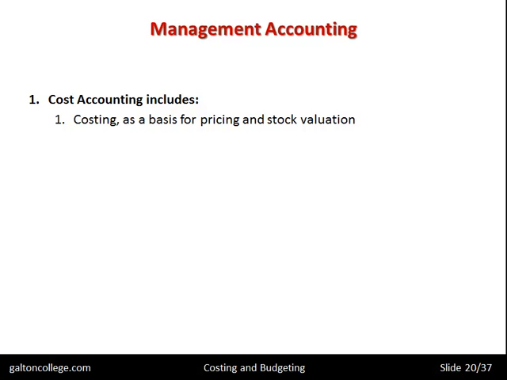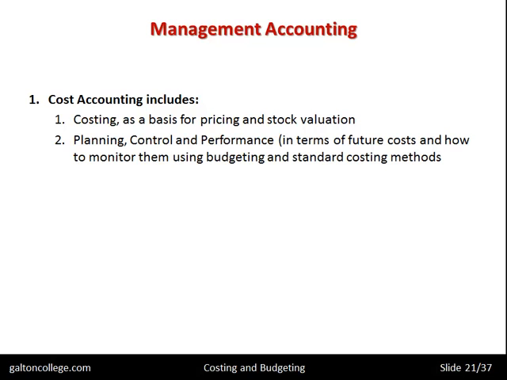Pricing is normally worked out on the basis of costs plus some sort of markup, some percentage added on to the costs to try and generate the profit. Planning, control and performance in terms of future costs and how to monitor them using budgets and standard costing methods.